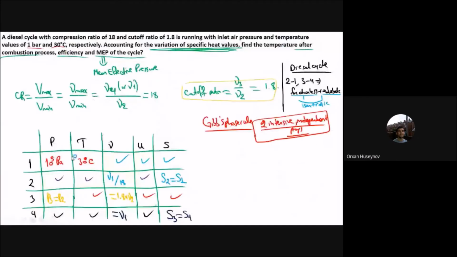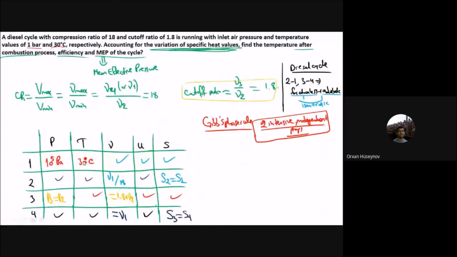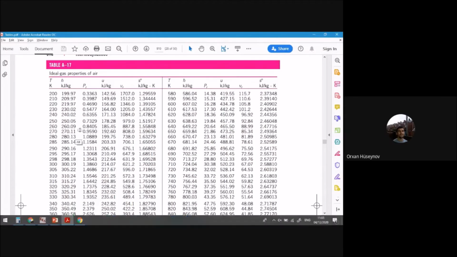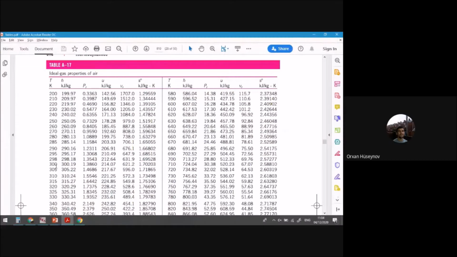For table A17, you have the temperature, which is 30 degrees Celsius, and you should remember that for ideal gases, the internal energy and the enthalpy are functions of temperature only. And 30 degrees Celsius makes 303 Kelvin. If you don't have that temperature, you can use interpolation.